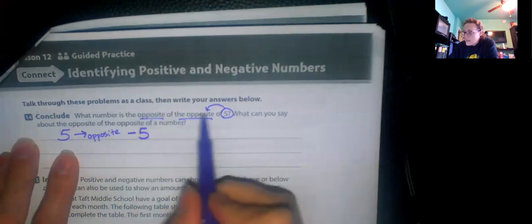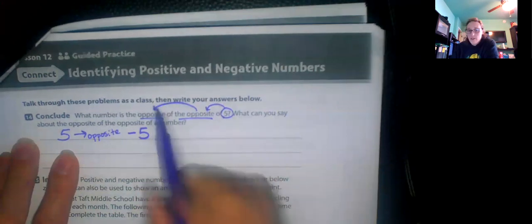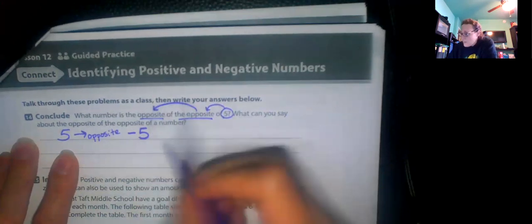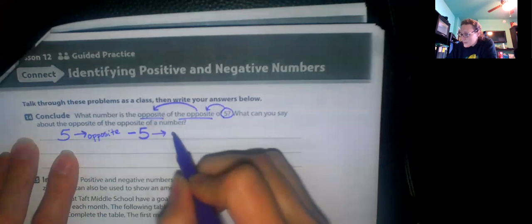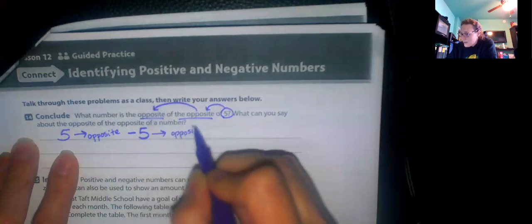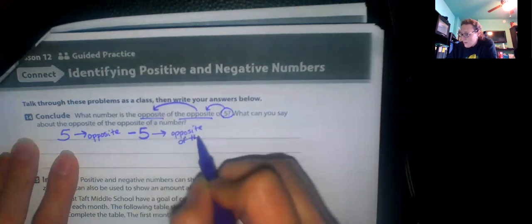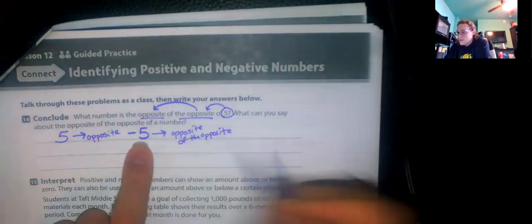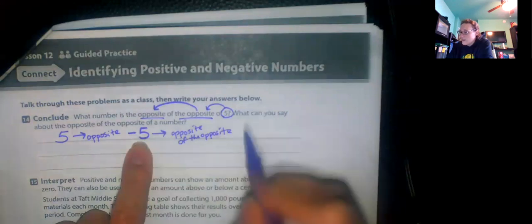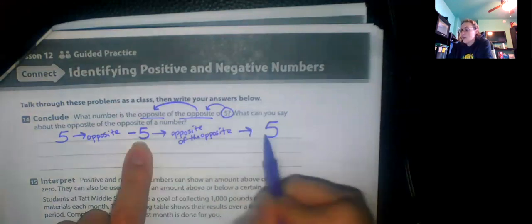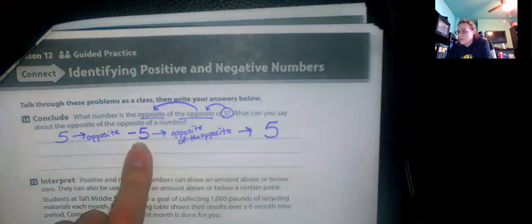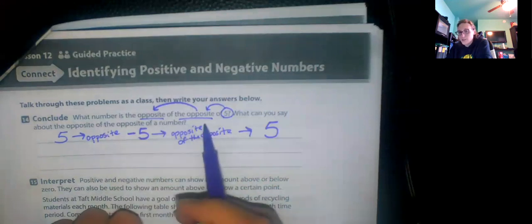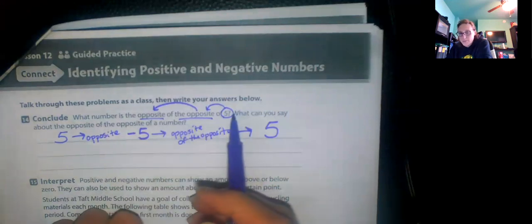But then it says of the opposite. So that means the opposite of the opposite. So the opposite of negative 5 goes back to positive 5. So the opposite of the opposite actually goes back to our original number, okay?